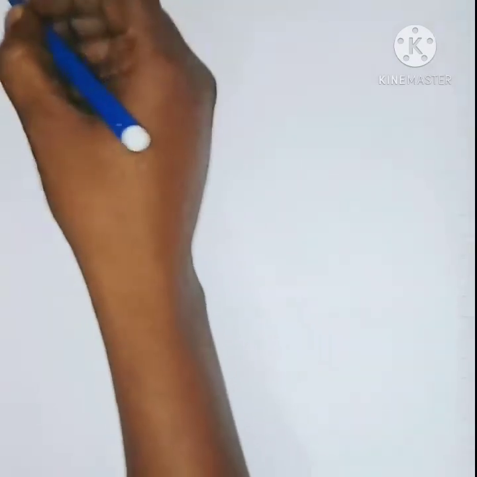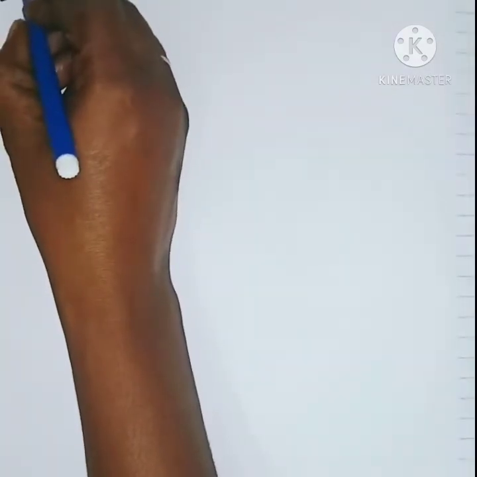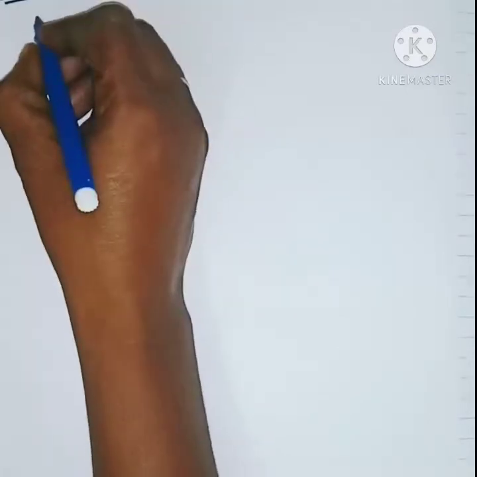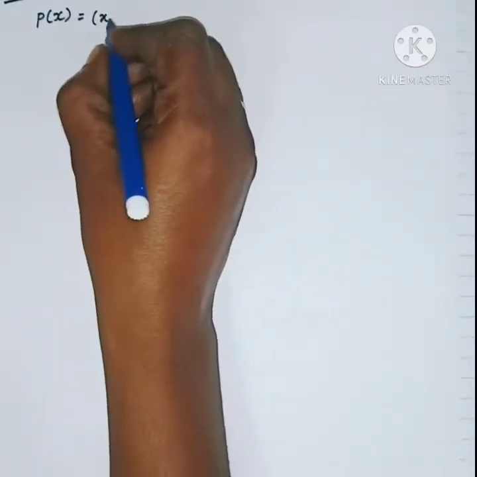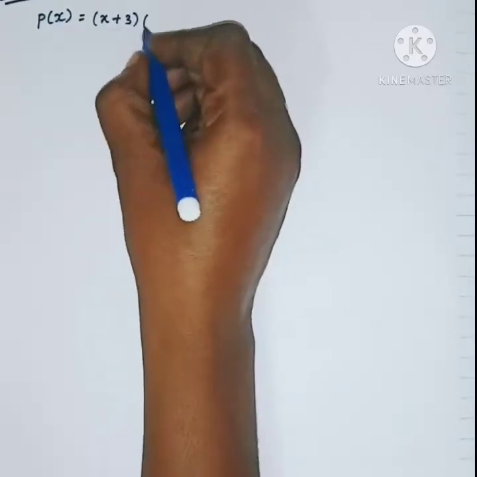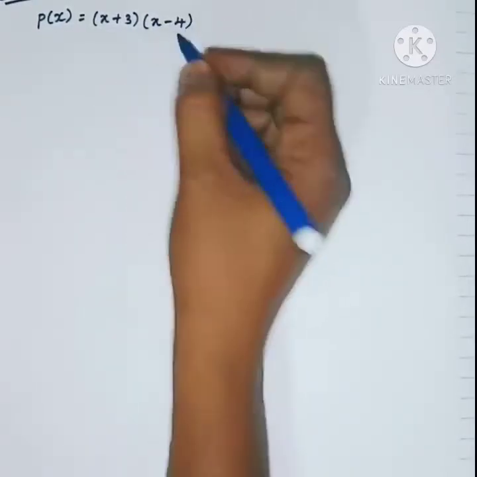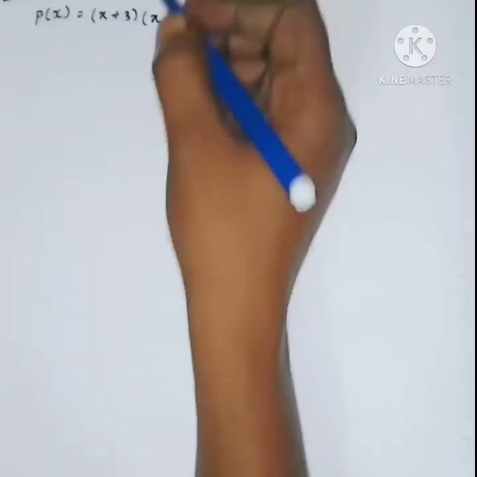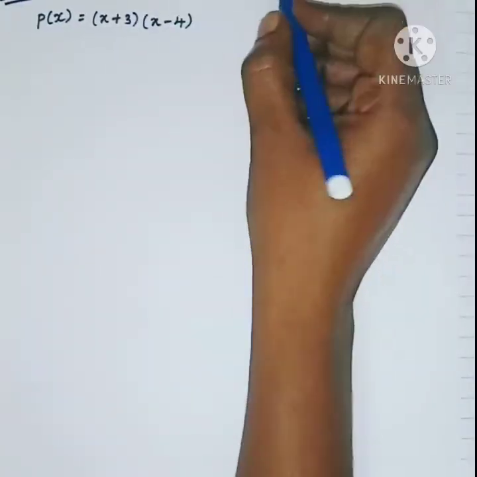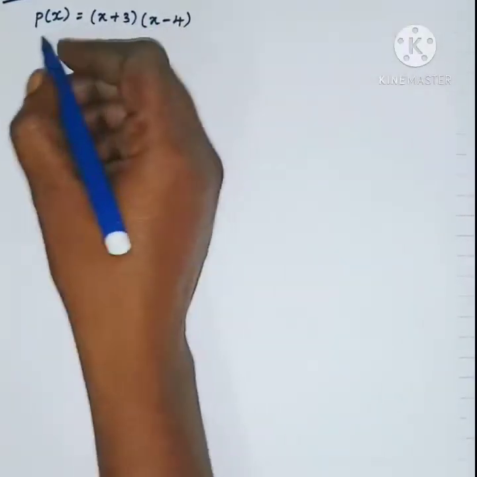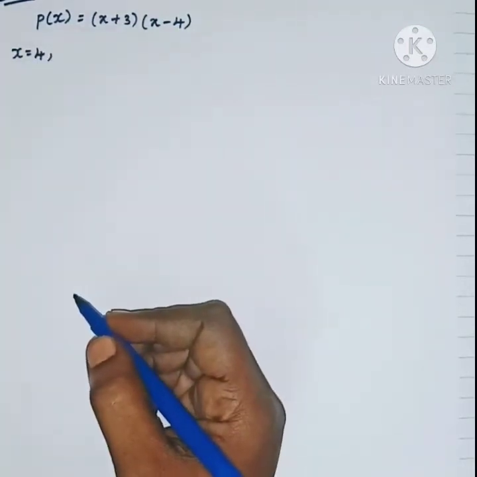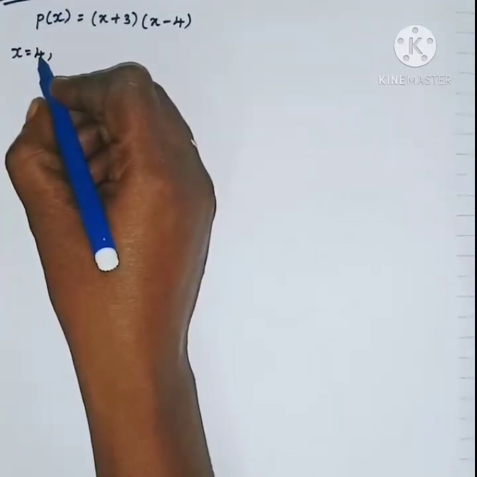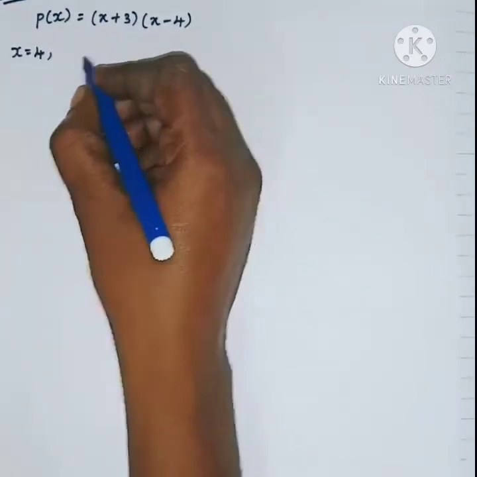Okay, the solution is: p of x is equal to x plus 3 into x minus 4. This is the polynomial given in the sum. Now first we have to check whether x is equal to 4 is the zero of the polynomial or not. For this we have to substitute the value 4 for x.